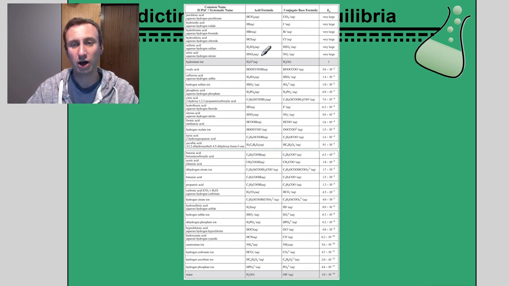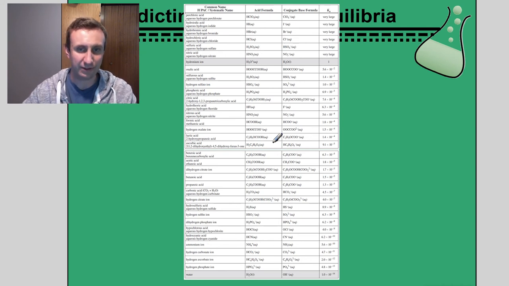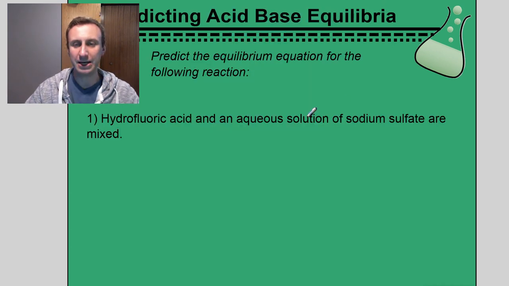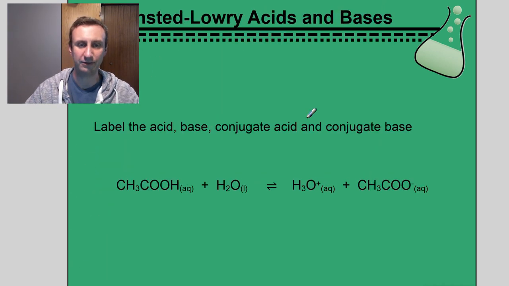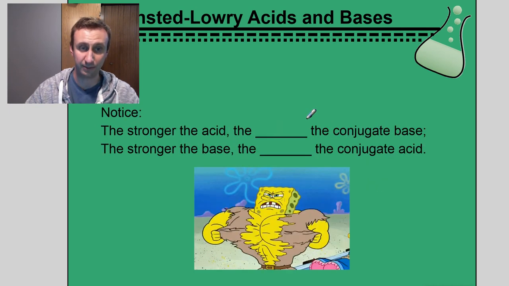So these are conjugate acid-base pairs, right? So I have my acid formula and then I have the base formula. And for each one of these rows, the two things differ by 1 proton. So this is a table of conjugate acids and bases, right? Of conjugate acid-base pairs. So this table we're going to be using a bunch later on, but for right now we're just focusing on the definitions of acid and base, conjugate acid, conjugate base.